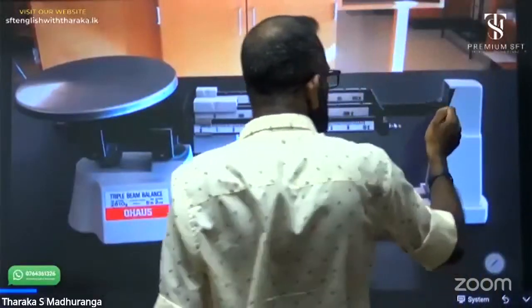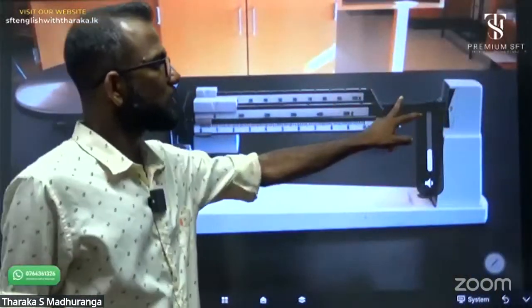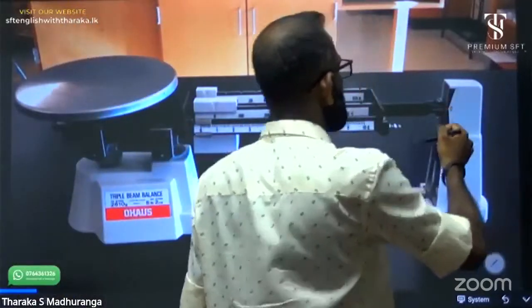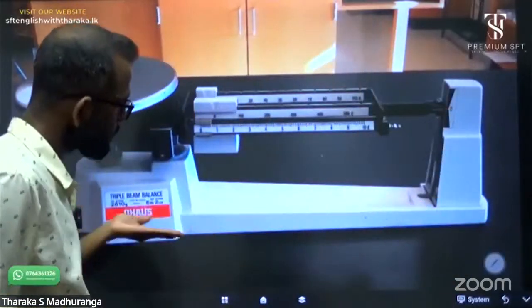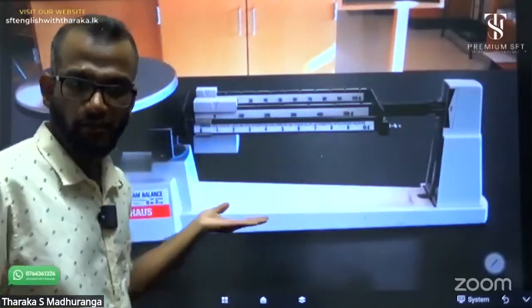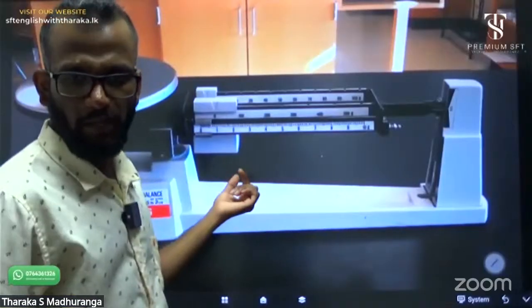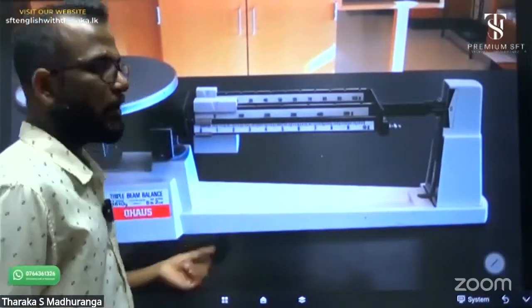What is this arrow mark? Pointer, good. This is the zero mark. And what is this supporter? It's the base.